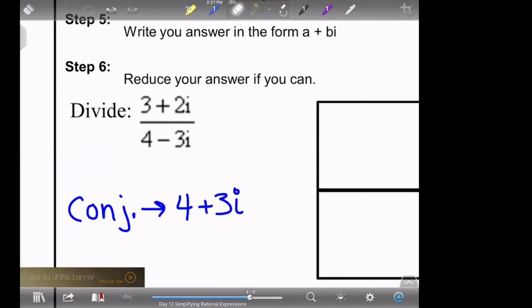So I looked just at the bottom. The only sign you're allowed to change is the one between the 2 numbers. So the only sign I'm allowed to change is the minus 3i to a plus 3i.